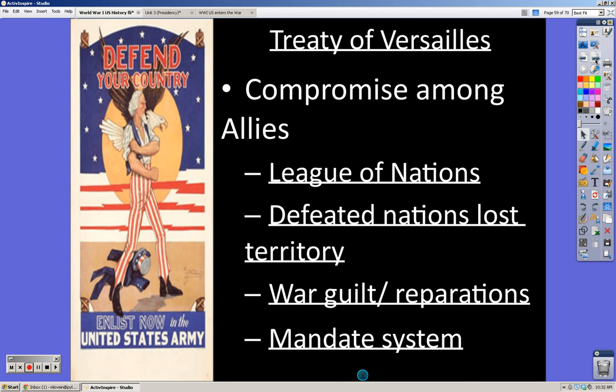And then the mandate system: the colonies of Germany and the other losing nations would go to the victorious countries. Under the mandate system, these countries would eventually have self-determination, where they would be able to determine their own government and be on their own. But in the meantime, they would be watched over by the victorious countries.